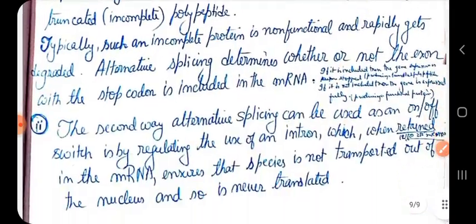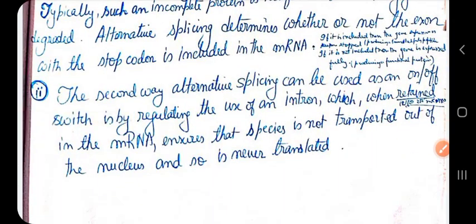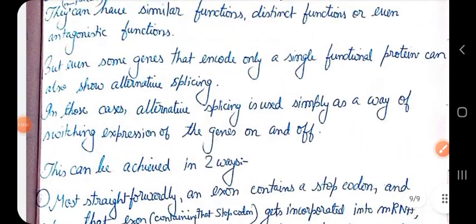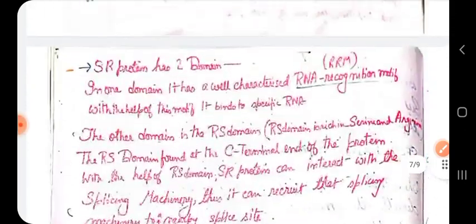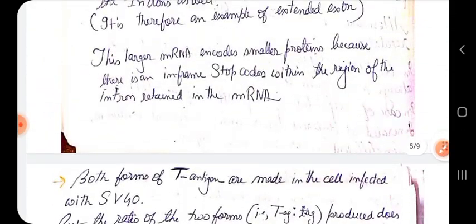So this was all about the splicing process. I hope it is beneficial for you to complete the syllabus. I am repeating: you have to study the whole lecture to understand this whole concept of alternative splicing, because many complications have been mentioned here.